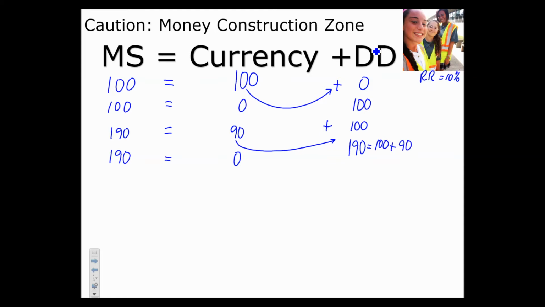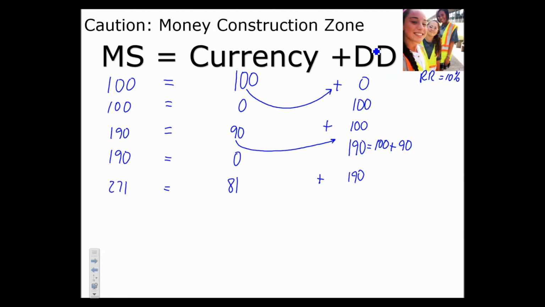The $90 in the second bank, 10% of it needs to be set aside, but the other 90% can be loaned out. So this second bank is going to loan out $81 that somebody has now in cash sitting in their pocket. And we still have 190 in demand deposits. So the loan process just created more money.